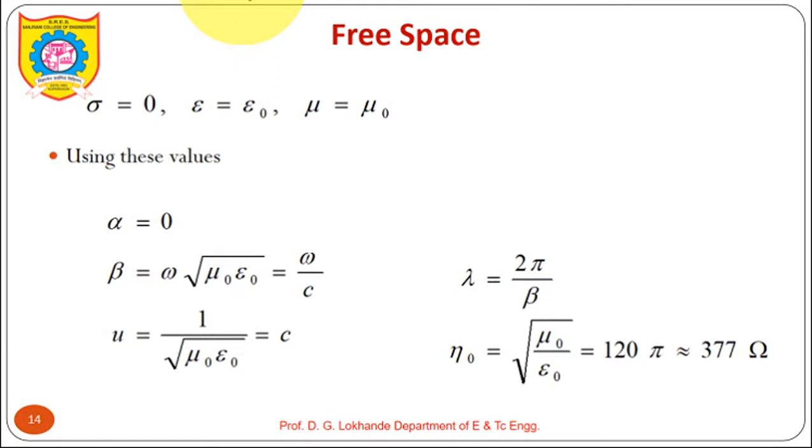So sigma is equal to 0, epsilon is equal to epsilon 0, mu is equal to mu 0. Using these values, as it is free space, no attenuation takes place, so alpha is equal to 0.